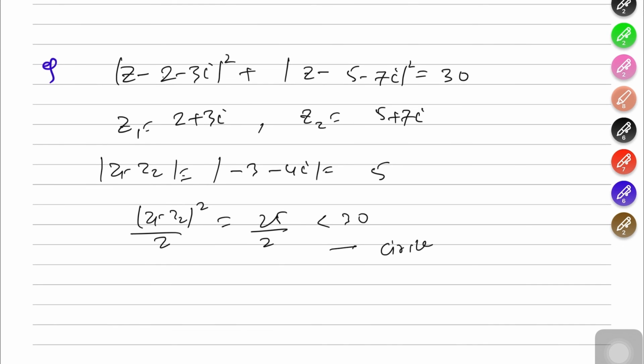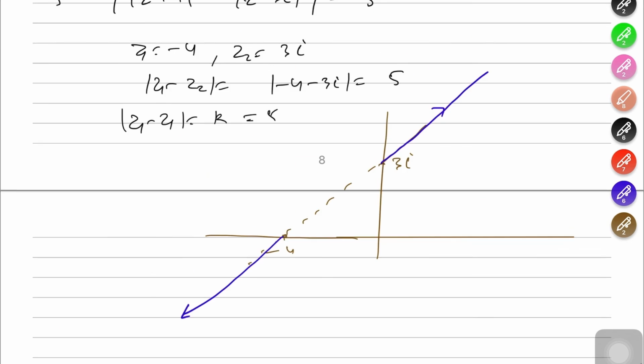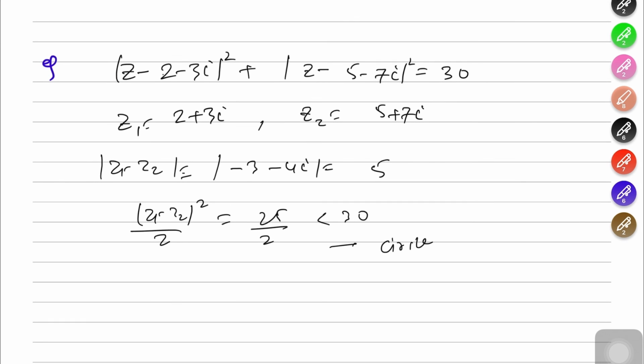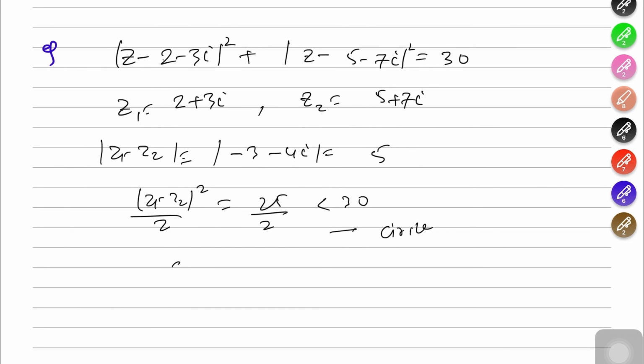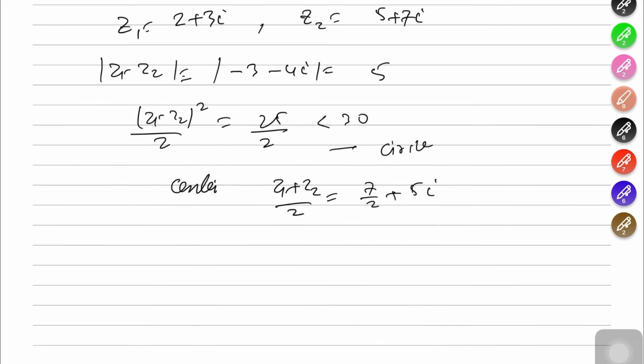And we know that if they represent a circle, what is the center and the radius? We already did that. They have a center (z1 + z2)/2, that is 7/2 + 5i. So this is the center.